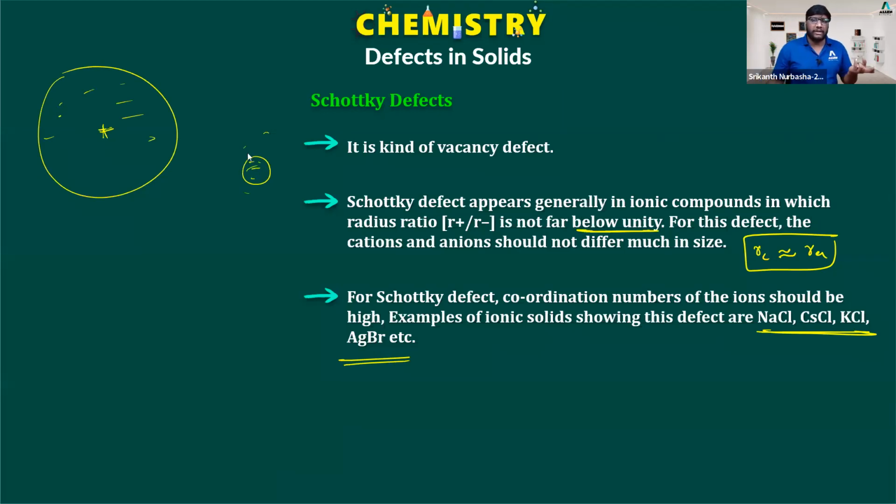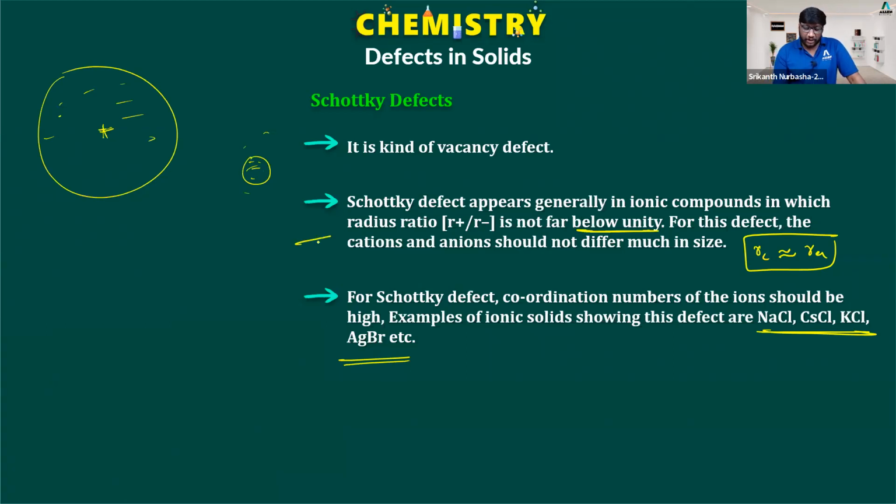Because of that, if I try to remove a cation and anion, although it is electrically neutral, a disturbance will be generated where you have greater charge density. That is why, when you remove cations and anions in equal number to form a Schottky defect, that will happen only when the crystal is ionic and the ions do not differ much in size. Okay?